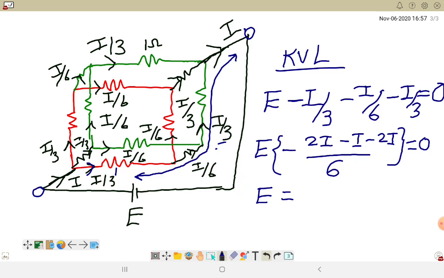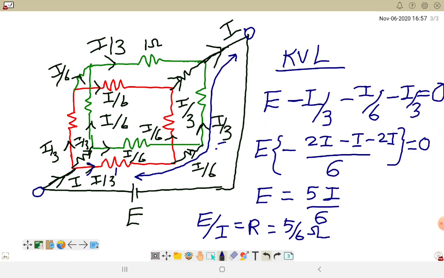E equal to 5I by 6. So from this, what is E by I? That is equal to the resistance R, 5 by 6 ohm. So this is the answer for the resistance in the opposite corners of the cube.